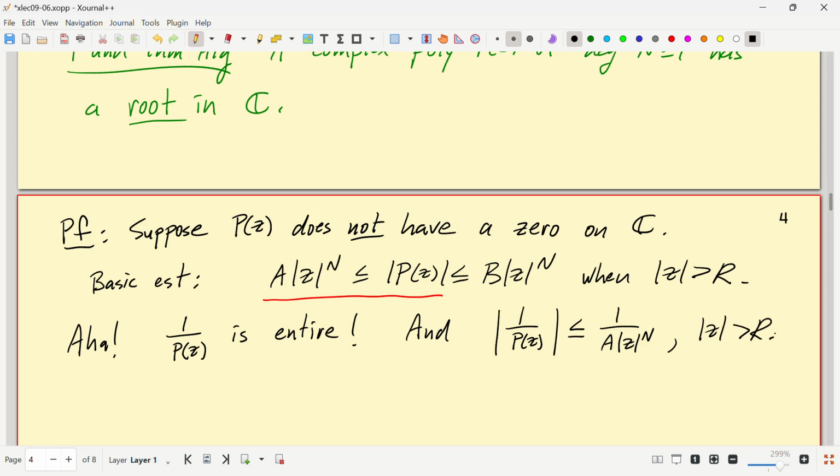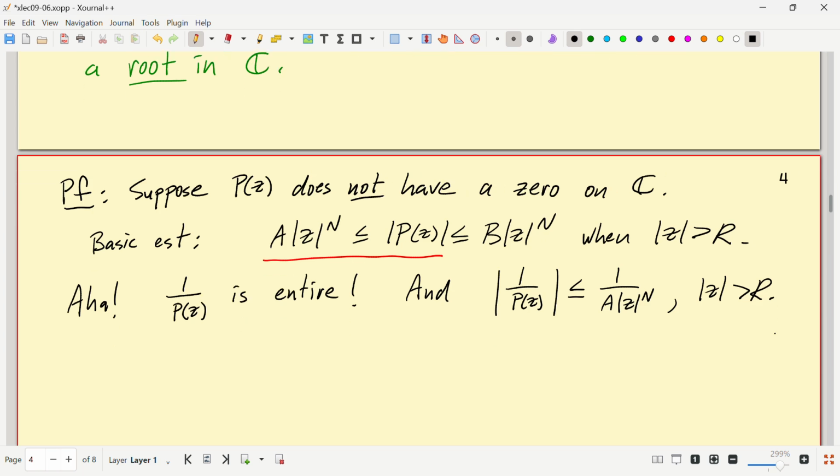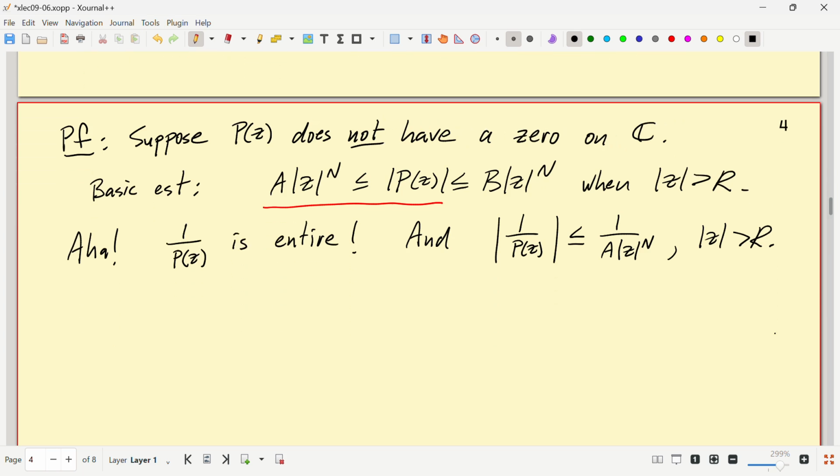And that goes to 0 as mod z gets big. I claim that means that 1 over P is a bounded entire function. It's clearly bounded far out because it's going to 0 at infinity. And that thing would be the biggest it gets at the radius capital R and gets smaller outside. That's assuming R is bigger than 1. It would get smaller and smaller the farther you go out.